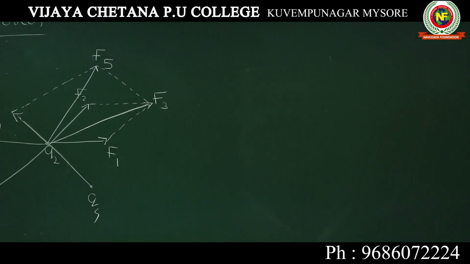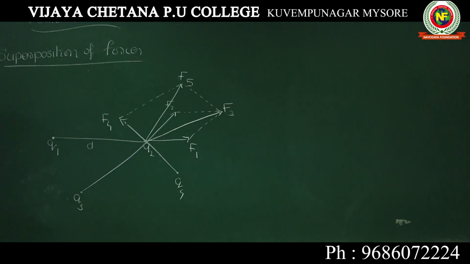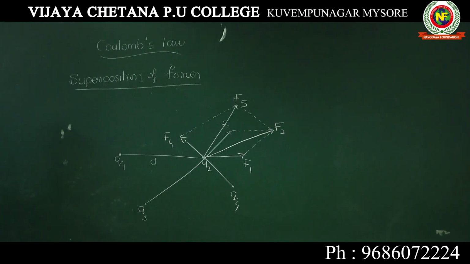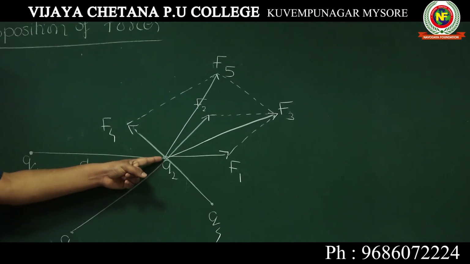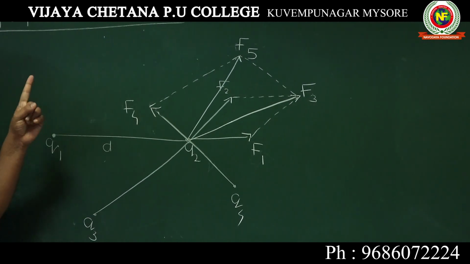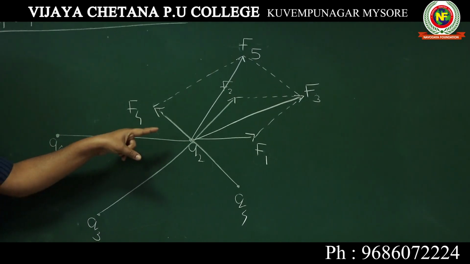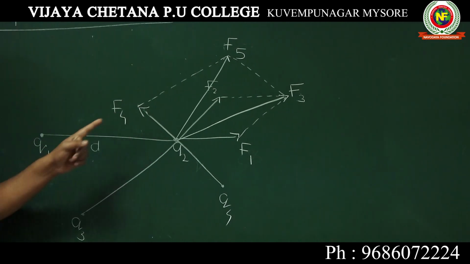Like this, by making use of the principle of superposition, it is possible to find the total force on a charge. In other words, the total net force on any charge in the system of charges is always equal to the vector sum of all the individual forces acting on that charge.